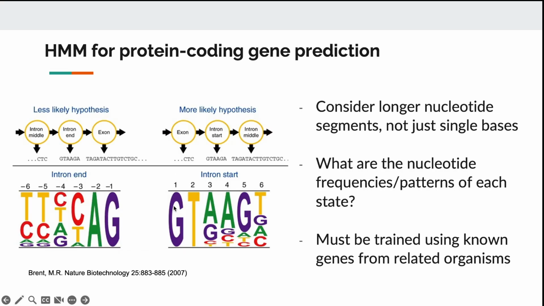So the same thing, if we have data from related species, like we know the gene sequence from related organisms in the same taxonomic groups, we know the pattern for their exon and intron, we can use that information to optimize the probabilities for our hidden Markov model for the organism that we are studying.